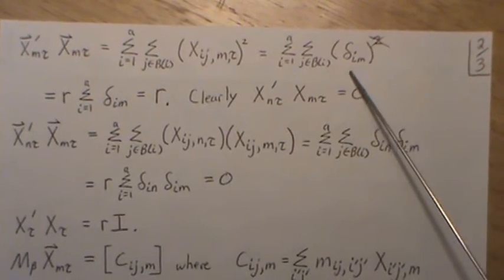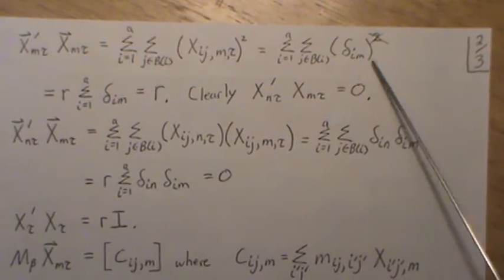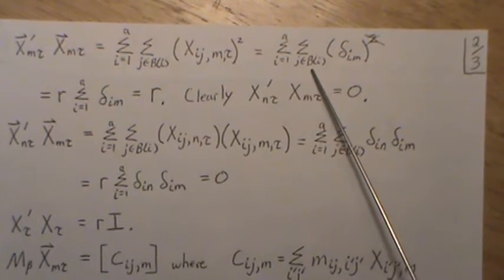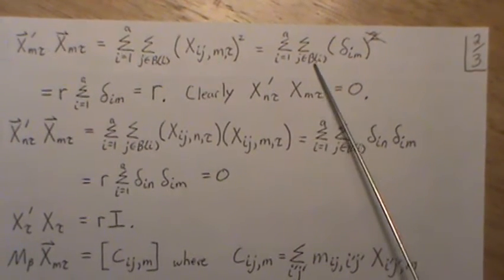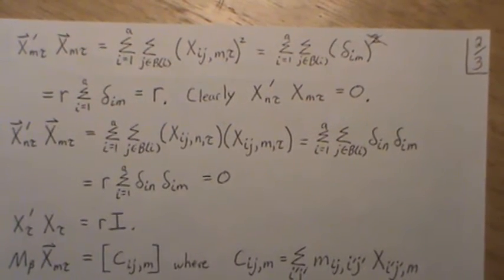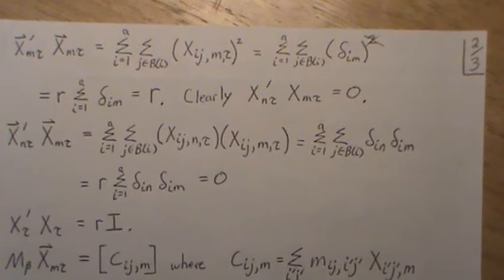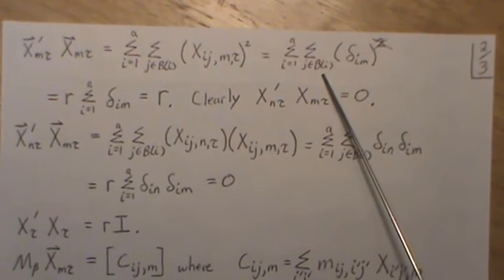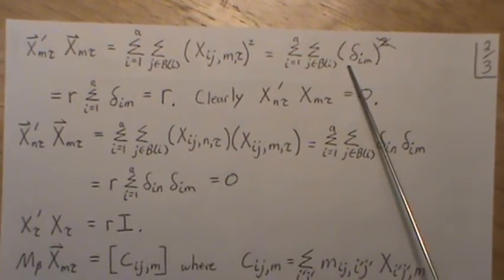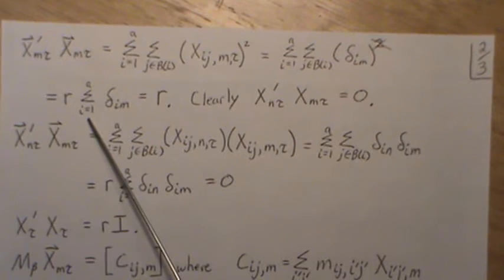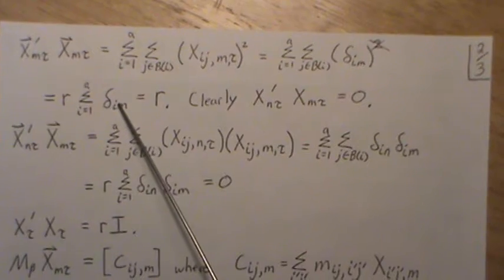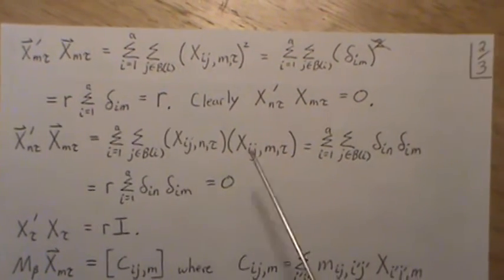So I put an x right there. We don't need it. And then notice there's no j here, but we have a j index. And the j in here, so the b i is the blocks that treatment i is in. And there's r blocks because it's replicated r times. So that's why we get the r out front, and then we're still indexing over i, but there's only one time where i and m are equal. That's when i is m, so that's 1, the rest are 0, so it's just r.